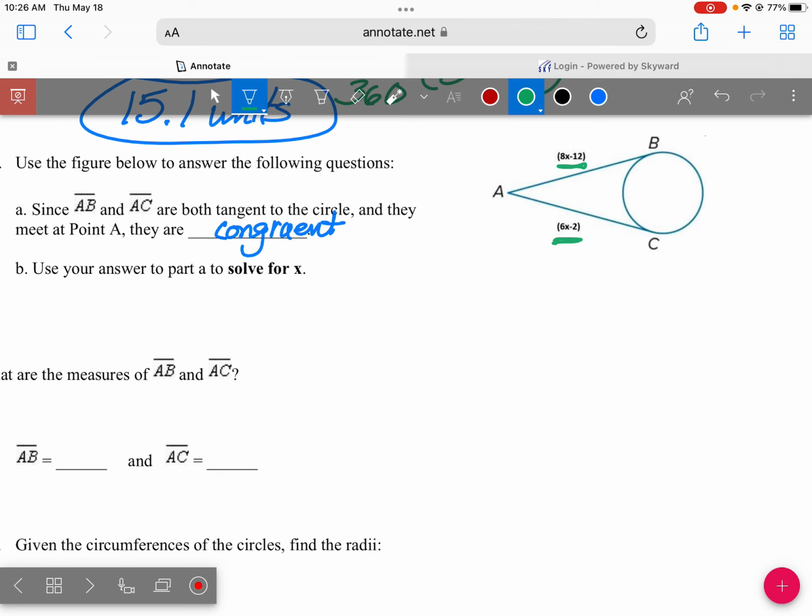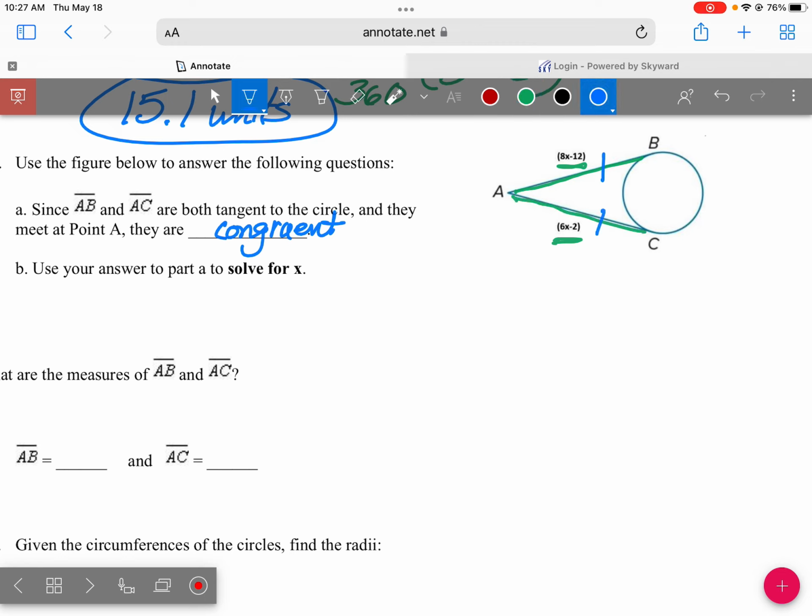You have to set them equal to each other. If those two are congruent, that means that this is the same length as this.